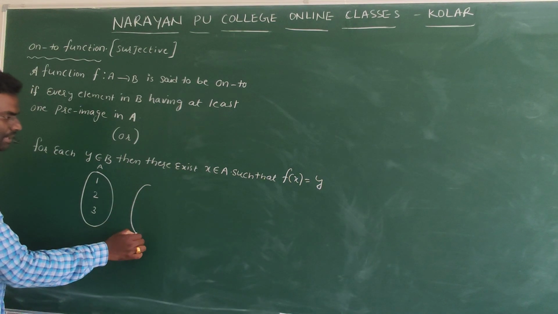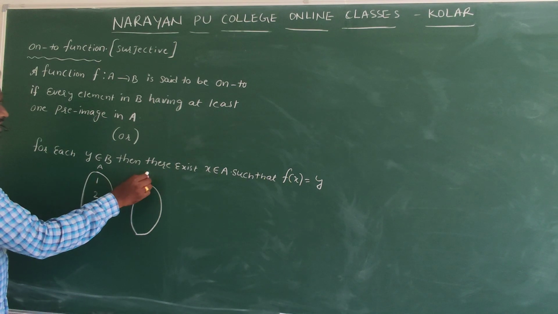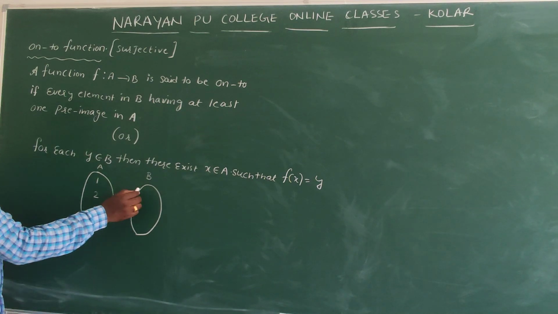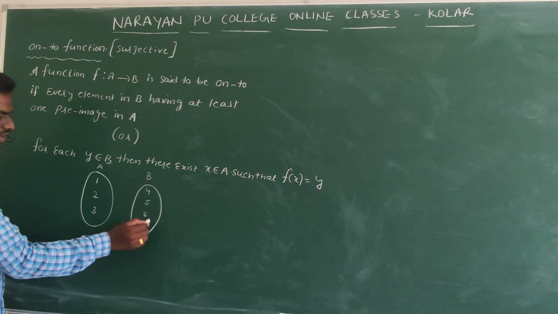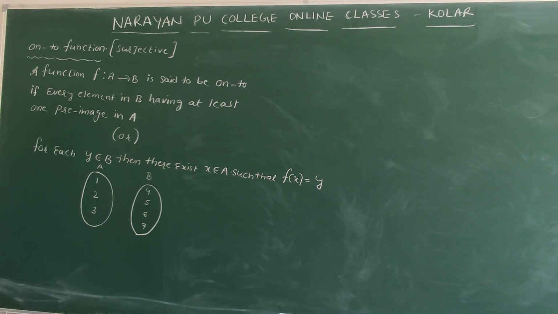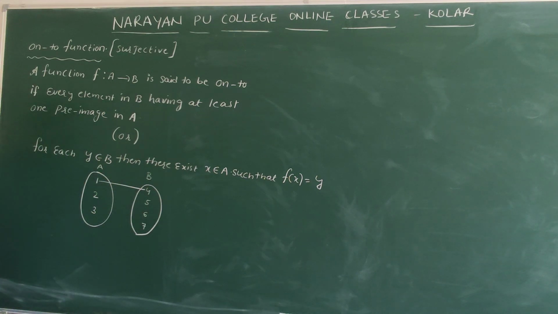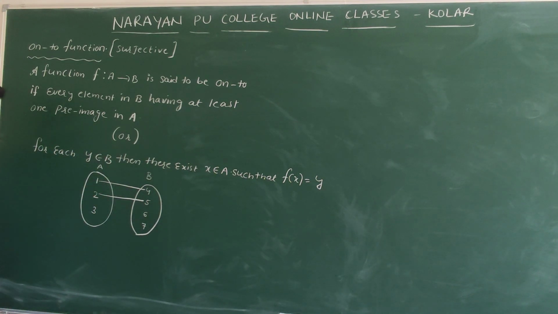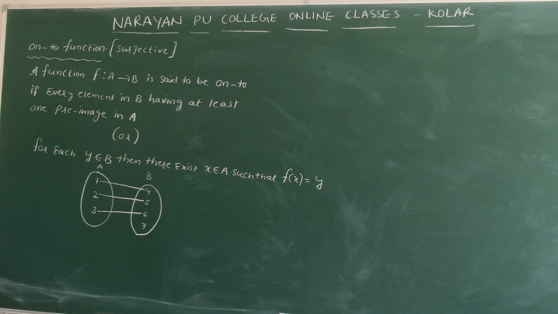Next, I am taking one more non-empty set, that is set B. Now this set B having four elements: 4, 5, 6, 7. Now 1 is related to 4, 2 is related to 5, 3 is related to 6.